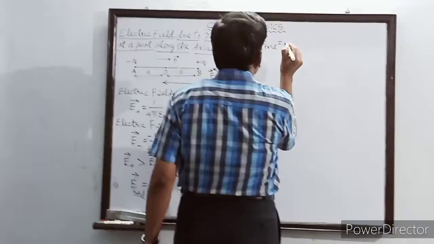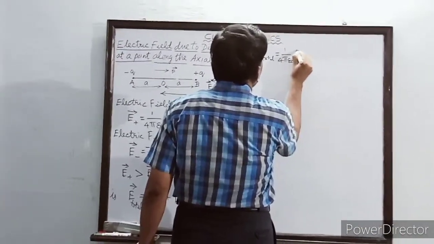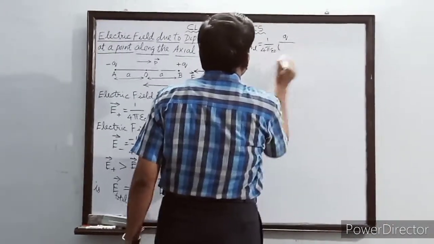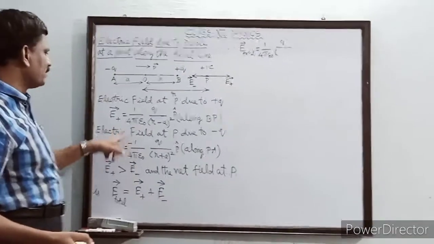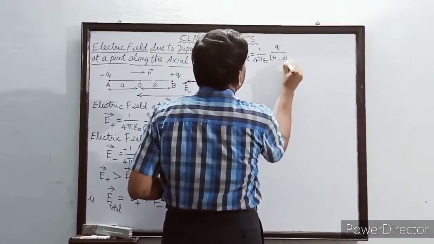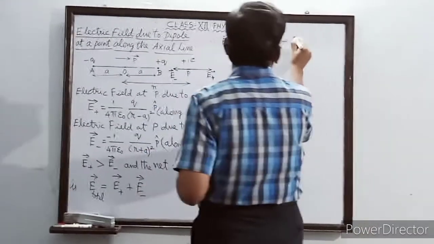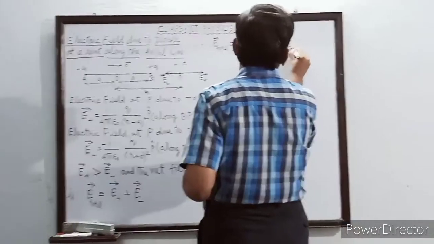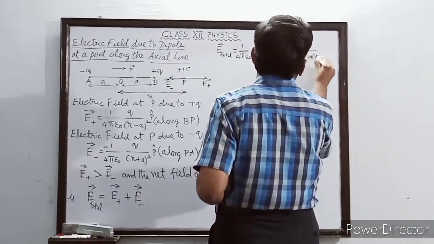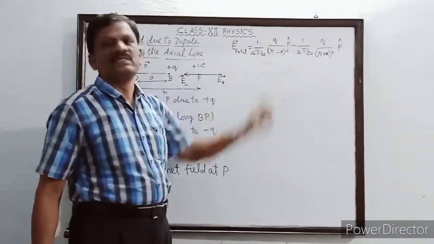So this is equal to 1 by 4 pi epsilon naught into Q divided by, instead of E plus, I have to substitute the first one, R minus A the whole square, into P cap. Minus 1 by 4 pi epsilon naught into Q divided by R plus A the whole square into P cap, because there is a negative sign.